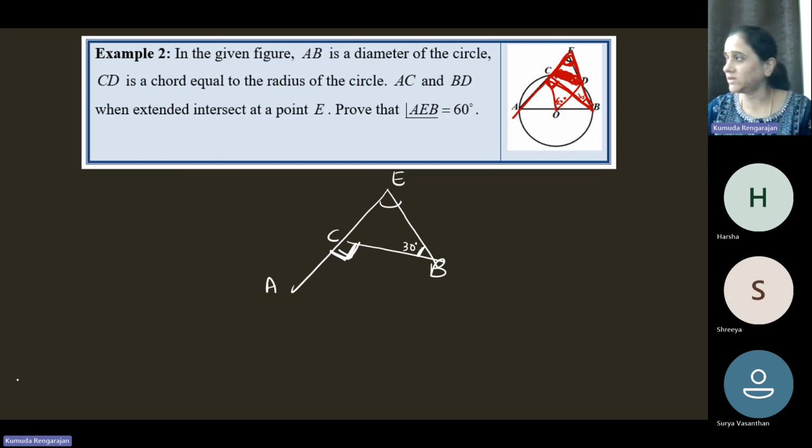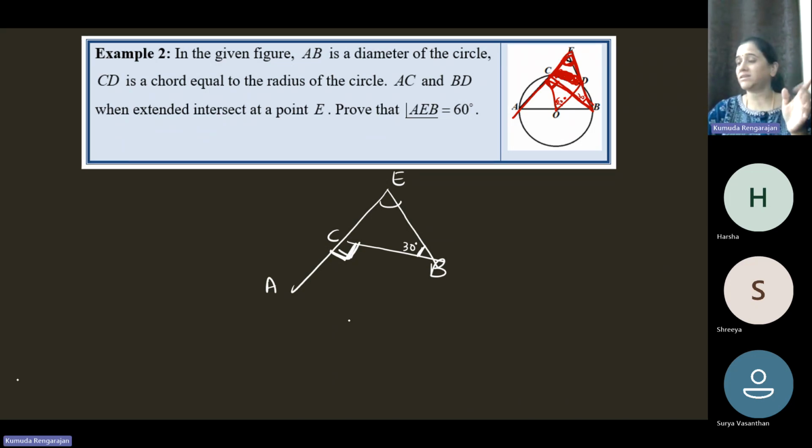This one we found using the center: the angle at the center is 60 degrees because of the equilateral triangle. So this angle is half of 60, 30 degrees. Both angles were made by the same arc CD.